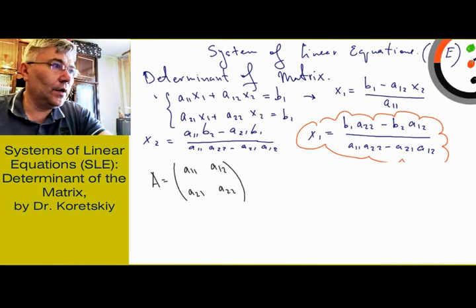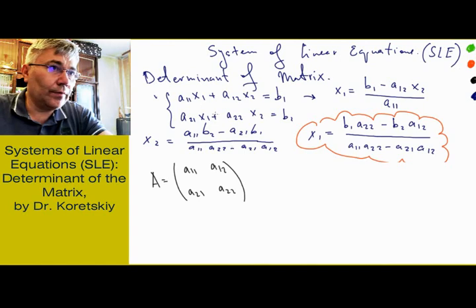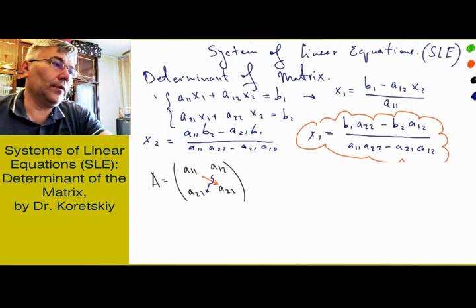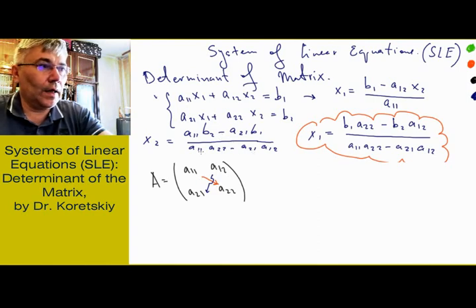I use the red ink here, A11, A22, and it gives a positive term here, and A21, A12 is a result of the product of the inverse diagonal. I use this blue ink, and it goes with sign minus here.